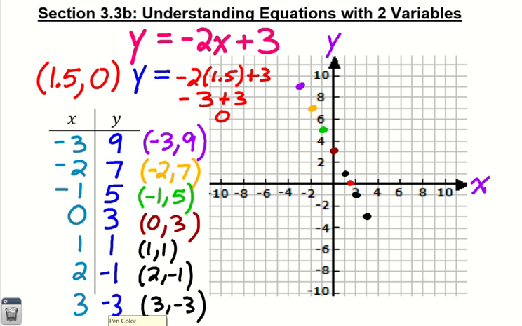And so really what this amounts to is we need to connect the dots, because you can't just keep plotting points forever. There's an infinite number of points that make up this entire graph.